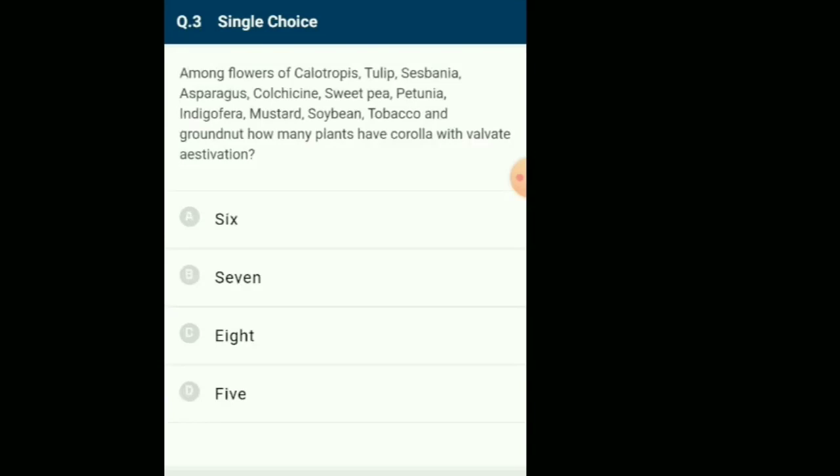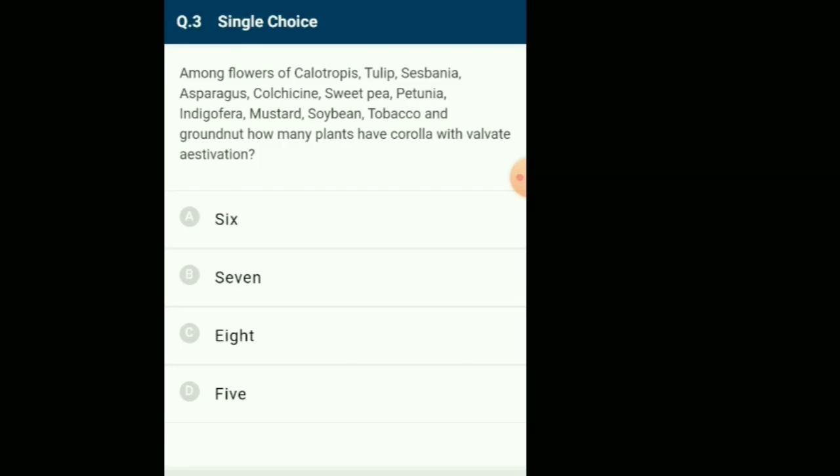Question number 3. Among flowers of calotropis, tulip, sesbania, asparagus, colchicine, sweet potato, petunia, indigofera, mustard, soybean, tobacco, and groundnut, how many plants have corolla with valvate aestivation? Valvate aestivation is present in the members of Brassicaceae, Solanaceae, and Liliaceae family.